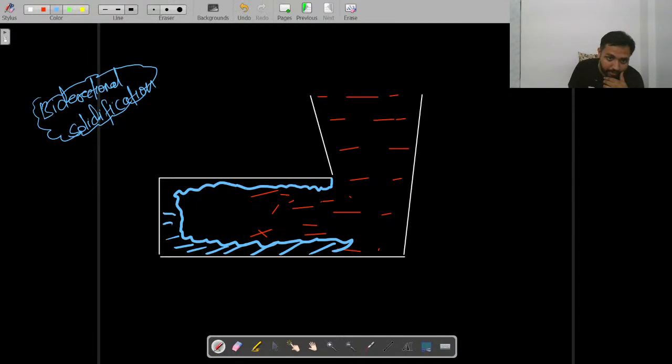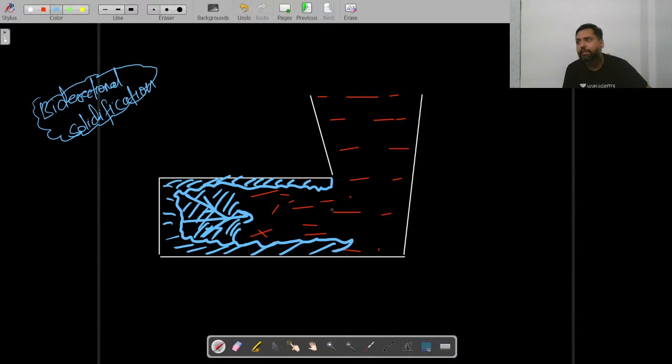These solidification fronts, whichever formed at the boundary, will start to move towards this direction, that is, towards either the sprue or the riser. Now something happened, some problem occurred, like the shape of the casting was such that the thermal gradient which developed there led to the formation of another solidification front, you see here.